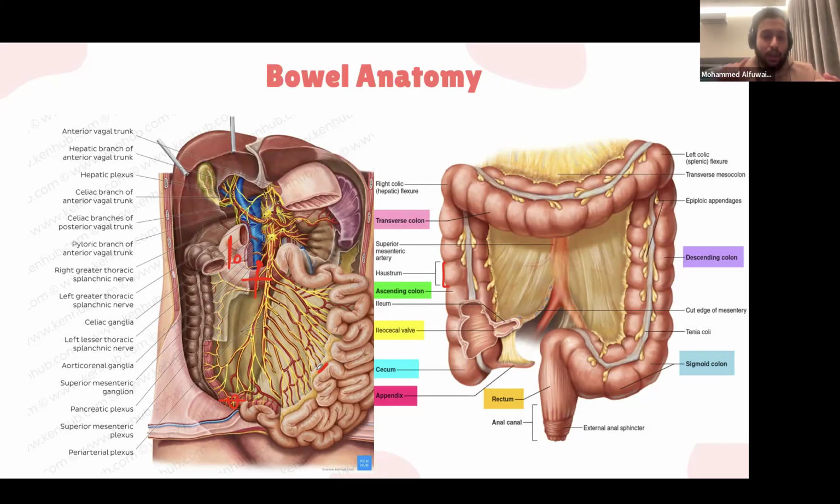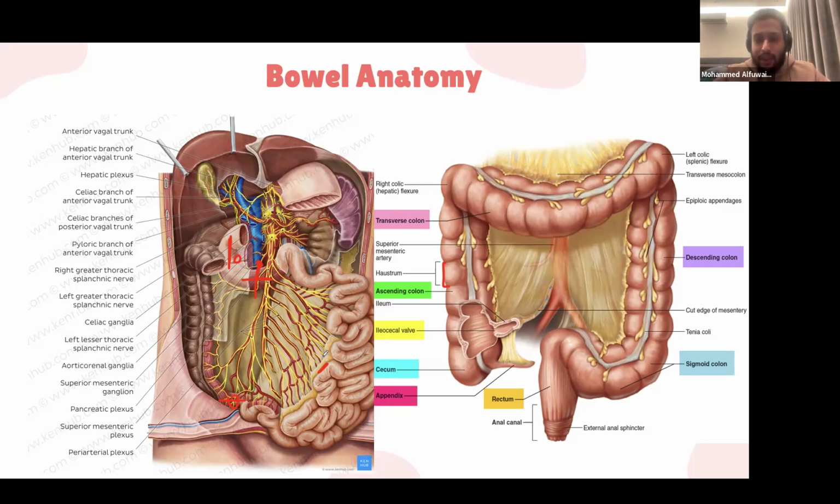Here you have small little blood vessels, which we call vasa recta, going into the walls of the bowel. This part is the weakest site of the bowel, in both the large and small intestine.